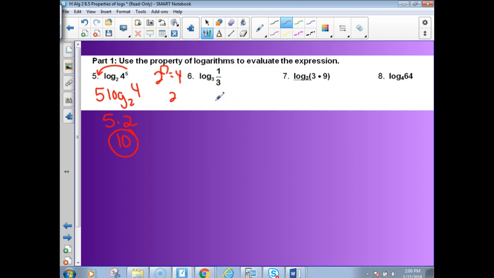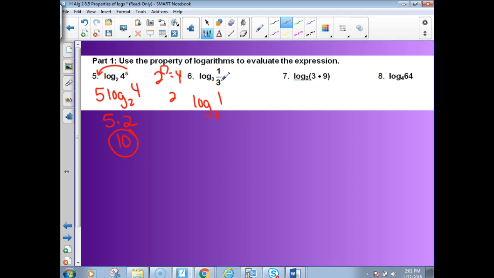Yay. All right, now this one we're going to rewrite as, because it's a division, and I'm not saying you couldn't already figure this out. Maybe we already know that 3 to what power would be 1/3 would be -1. But I'm going to use the rules that we just learned. So we can spread it out into two logarithms, log in base 3 of 1.